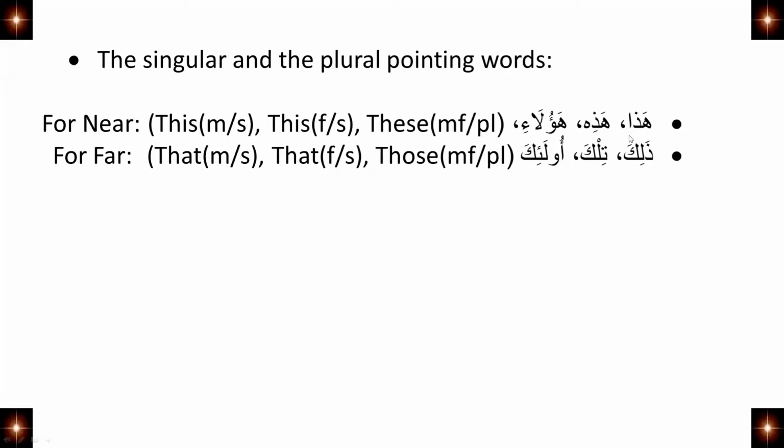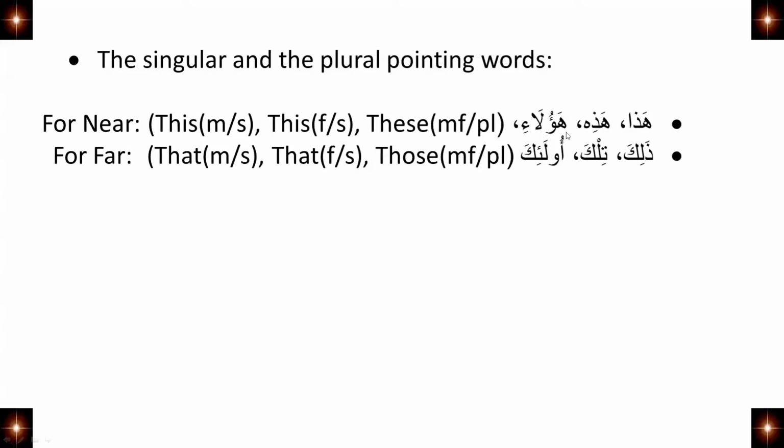Now the singular and the plural pointer words are also non-flexible. Don't forget, these are some of the things that you have to learn. Hada, hazihi, haulai, dhalika, tilka, ulaika. These words are all non-flexible. Musa and Isa and Yahya and Salwa and Layla, all these names are non-flexible, which means they don't show anything at the end. The sound they have is what they have.